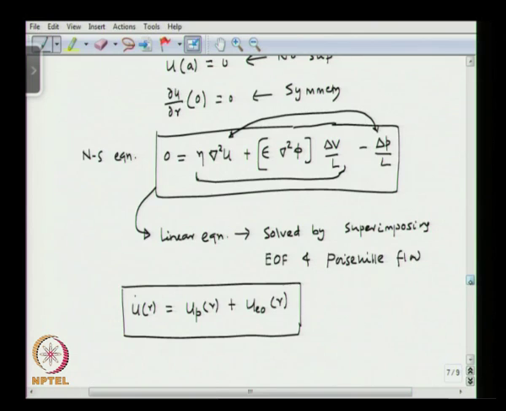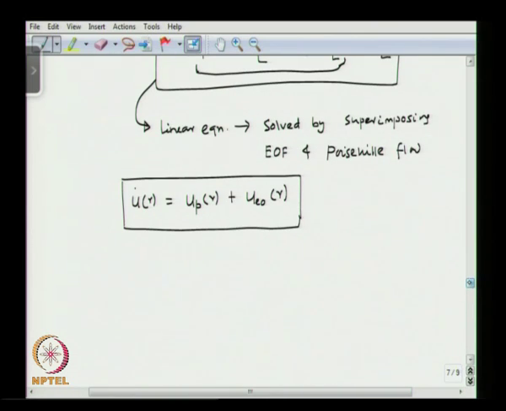So, the two equations that we get is, one is 0 equal to eta del square u plus epsilon del square phi into delta V over L, which is nothing but the electric field, okay.